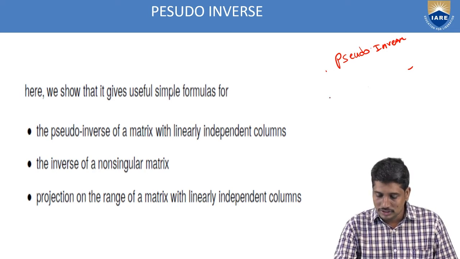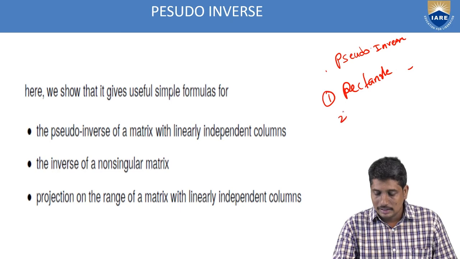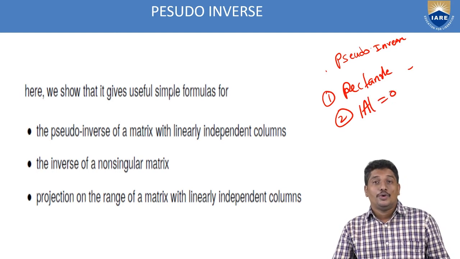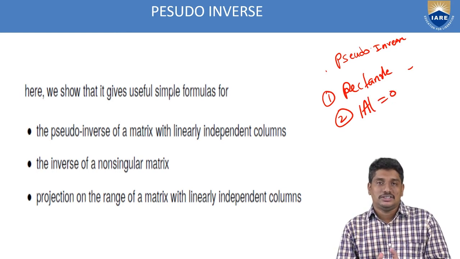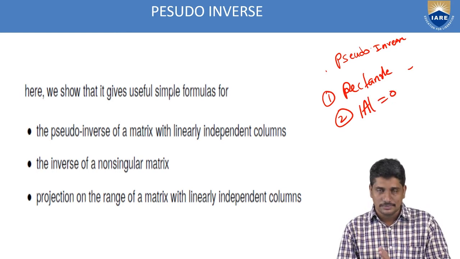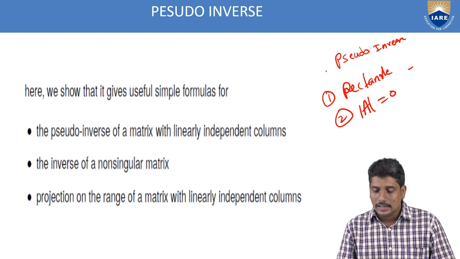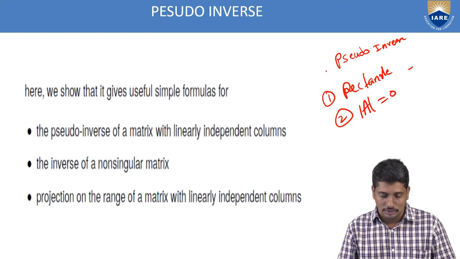That means pseudo-inverse is designed for rectangular matrices and for singular matrices. So it will replace the role of the inverse in the case of rectangular and singular matrices to the maximum possible extent. That is the motivation behind pseudo-inverse.